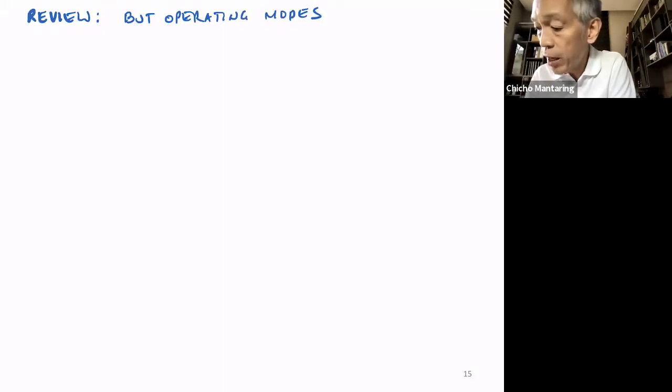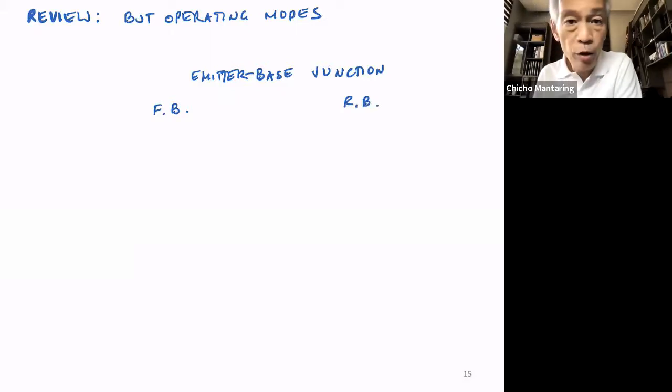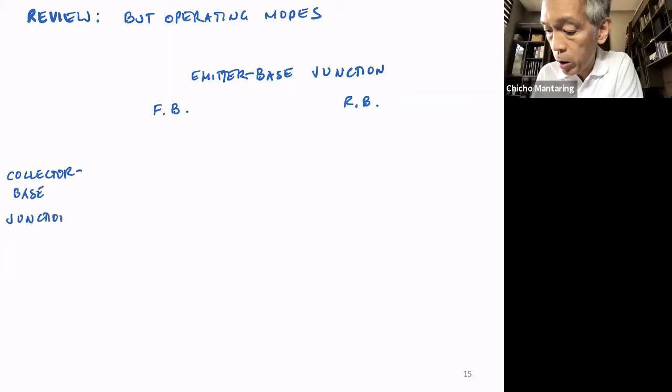If I take a look at the emitter-base junction, that can either be forward biased or reverse biased, and also the collector-base junction.